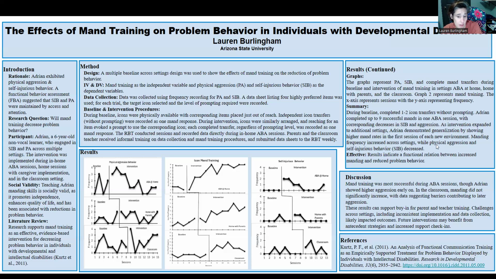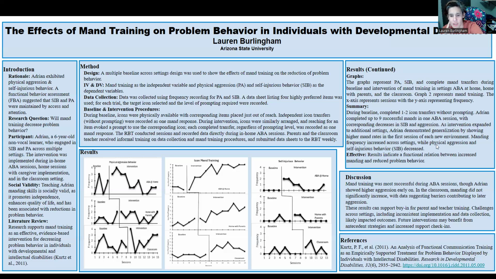We do see with the classroom, with the icon mand training, that her mand training starts out, and by the time it gets to the last setting, she's actually requesting more in the beginning of those sessions than she was even during those ABA sessions, so I'm hopeful that we're starting to see that generalization to other settings already.